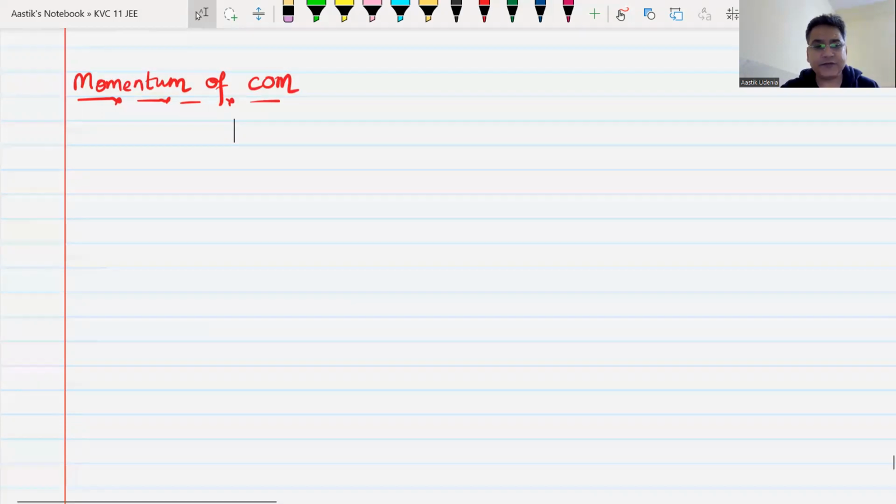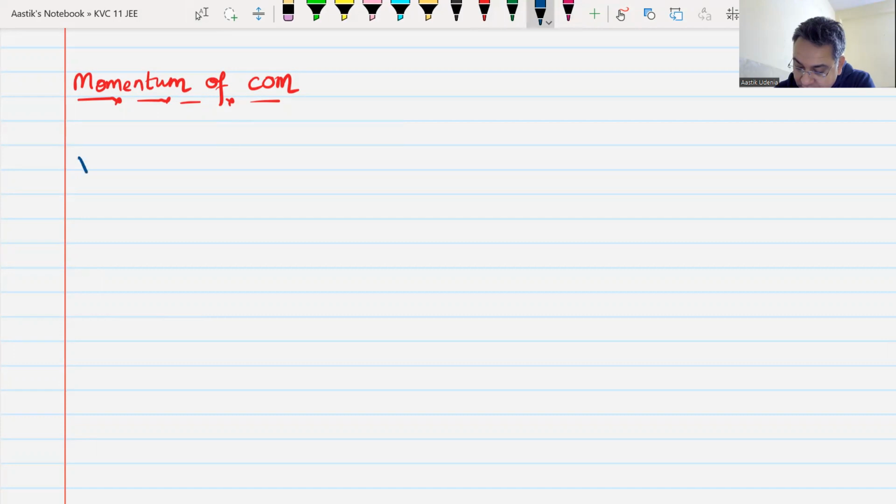Now, what we have seen is the velocity of center of mass is given by summation of mi vi vector divided by summation of mi. We have seen this, yes or no?